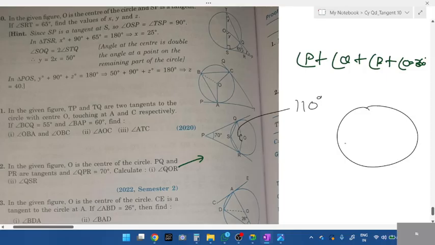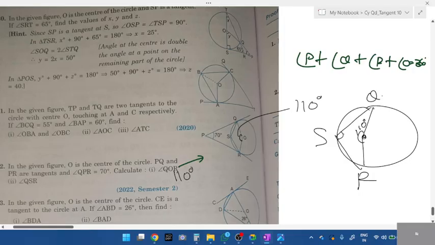Okay. Let me draw it like this. S, R, O is the center. You get this 110 degrees. We need to find what was there. Calculate QOR. QOR is 110, students. QSR.